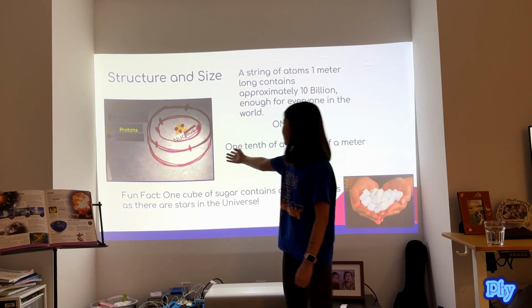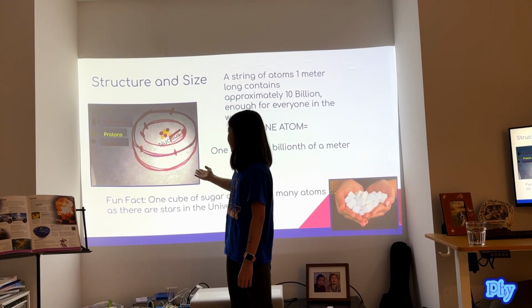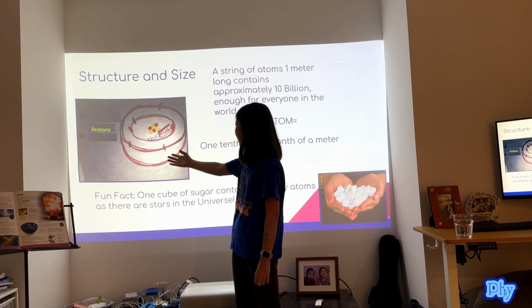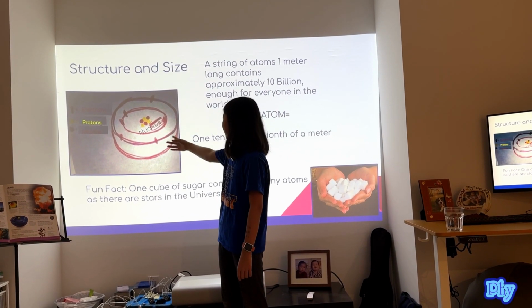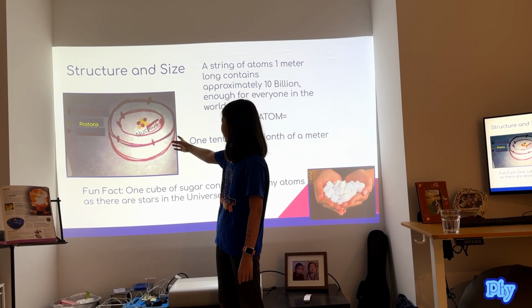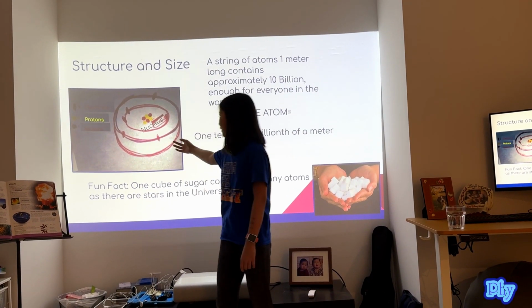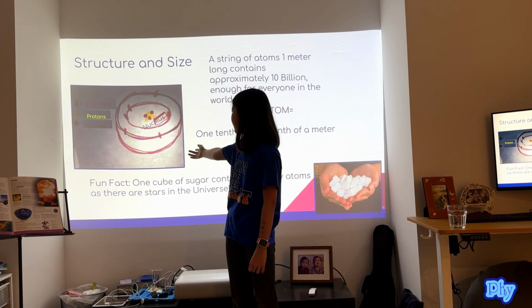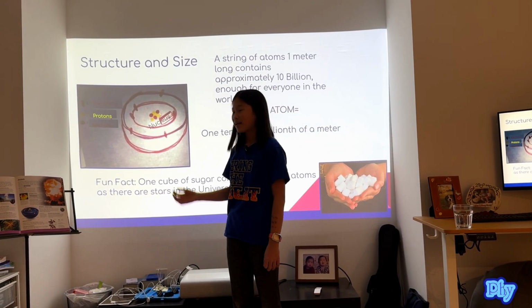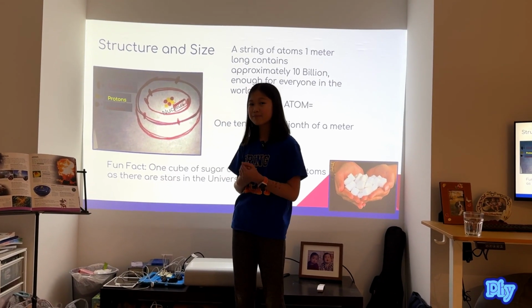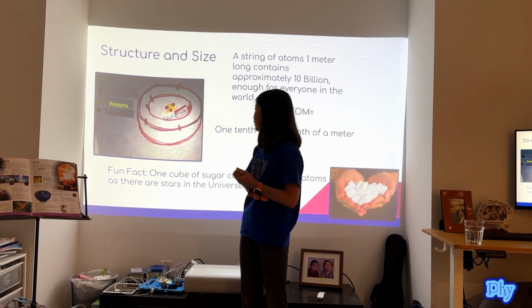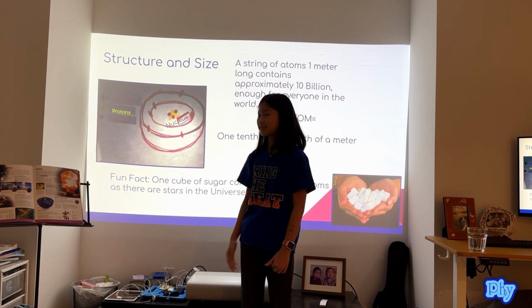So this is the structure of an atom. First, there are electrons. Electrons are the ovals surrounding the group. Then there are the protons, which are the yellow dots. In each atom, there are 3 protons and 3 neutrons, which are the pink dots.